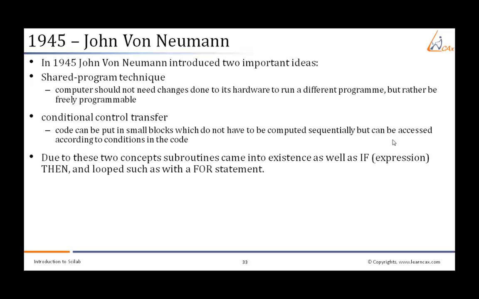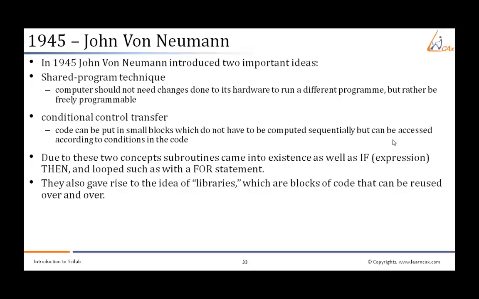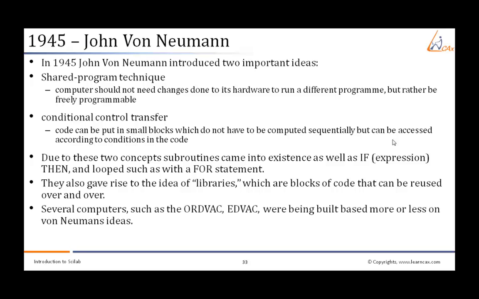Due to these two concepts, concepts like subroutines came into existence. If expressions, then loops and for statements also came into existence because of the work of John Von Neumann. His work also gave rise to the idea of libraries, which are blocks of code that can be used over and over again.